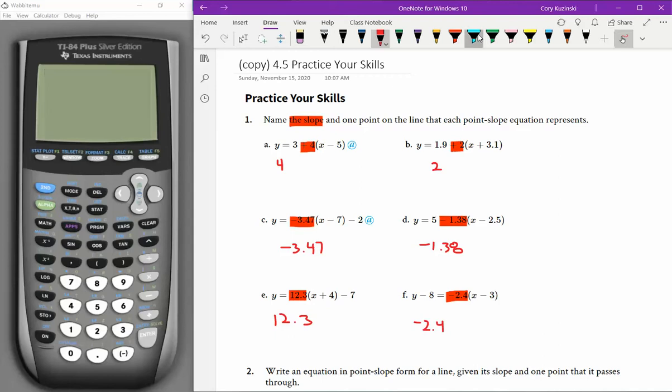Now we're going to go with a point that this runs through. It's actually the opposite of this and then this. In this case, the point that this runs through is 5, 3. Let's check that on the calculator, make sure that's working. 3 plus 4 times x minus 5.